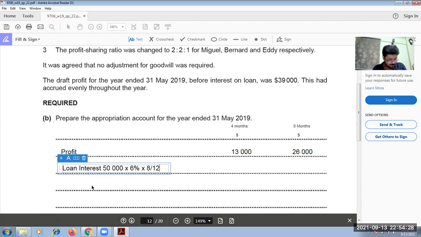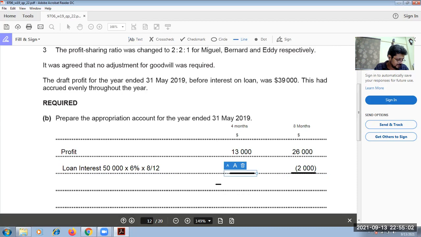So the answer would be 50,000 multiplied by 6%, multiplied by 8 divided by 12. Answer is 2,000. This is done. Here we do not have any interest.